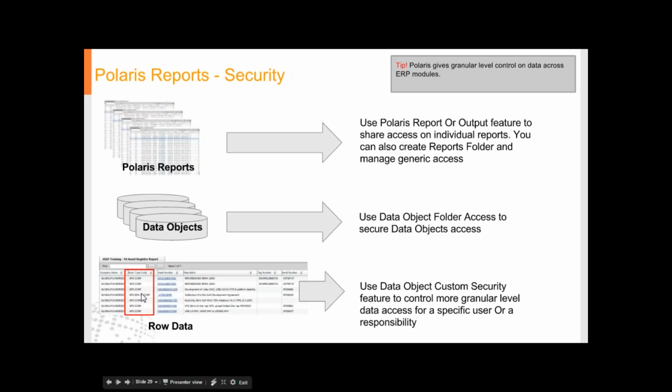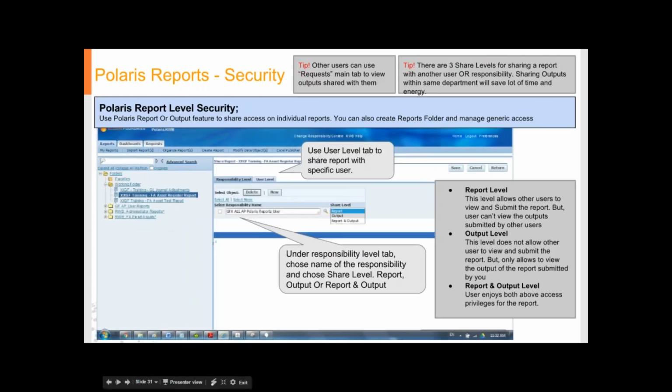Based on that, only those rows can be visible to a user when that rule is applied to the data object. All right. So this is the concept of report level, data object level, and row level security in Polaris that I wanted to go through. If you have any questions, please feel free to drop me. This concludes the security topic.